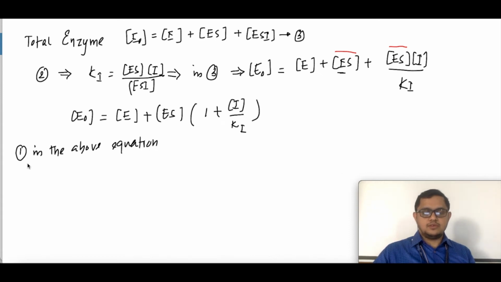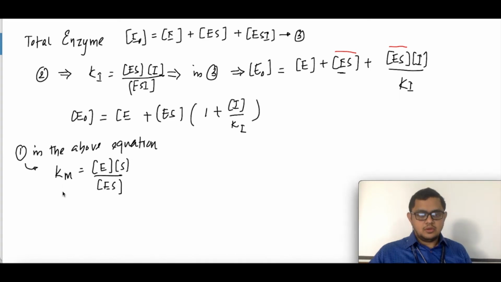What is the first equation? The first equation is nothing but Km is equal to E S by Es. So, just simplifying this equation, you can get what is E. So, E is equal to Km into Es divided by S. Now, substitute this equation in this.